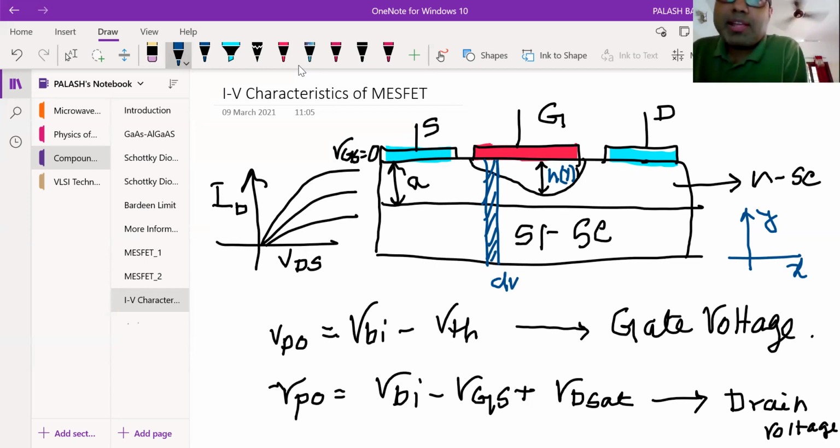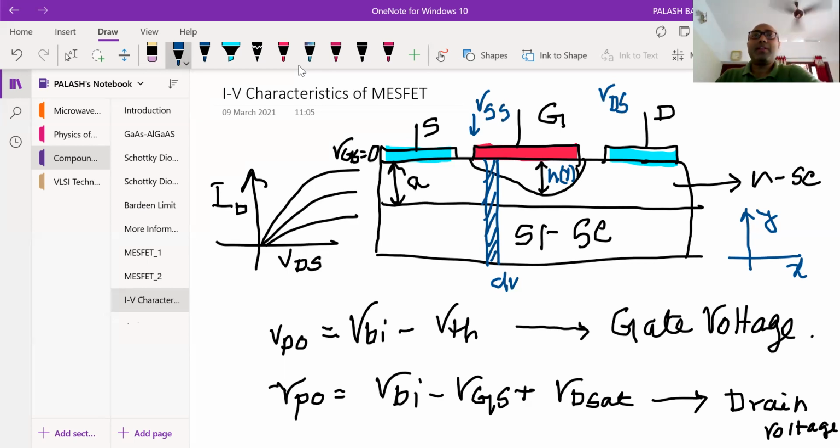This side it is drain to source, so VDS you are applying, and this side it is VS. This is the voltage you are applying, okay?